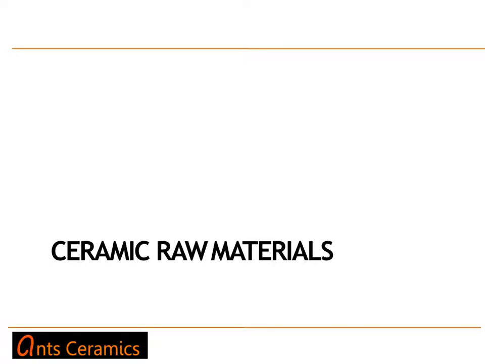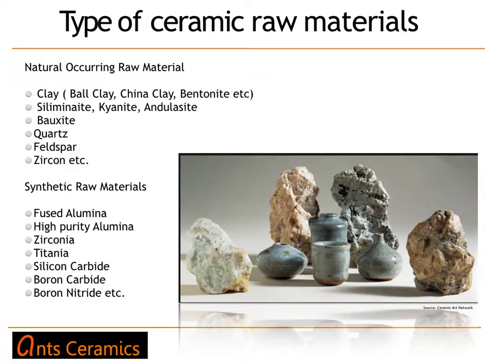So let us see the different ceramic raw materials used in advanced ceramic components and also in traditional ceramic components. There are two types of ceramic raw materials: naturally occurring raw materials and synthetic raw materials.